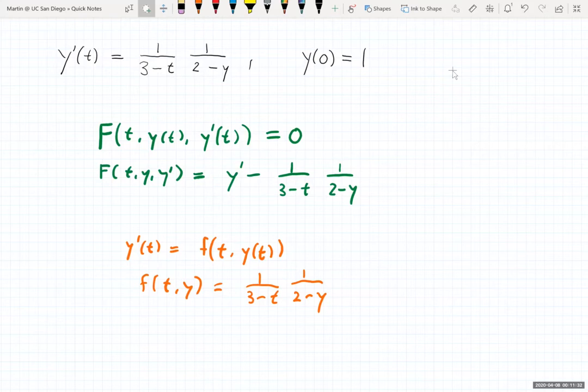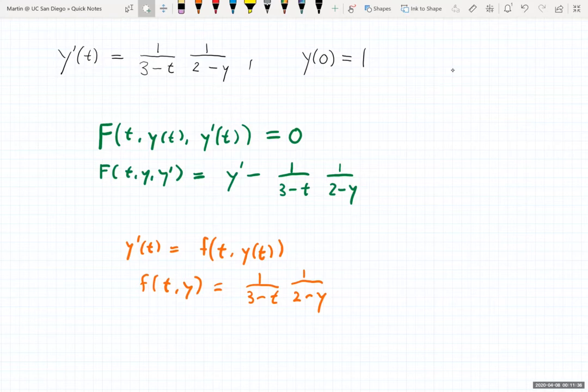So it's an instance of a Cauchy problem. And in particular, it's in the scope of the ordinary differential equations that we cover in this class.